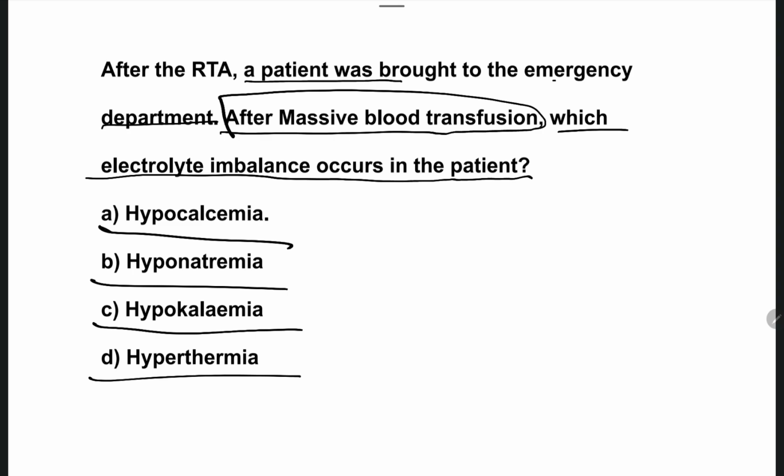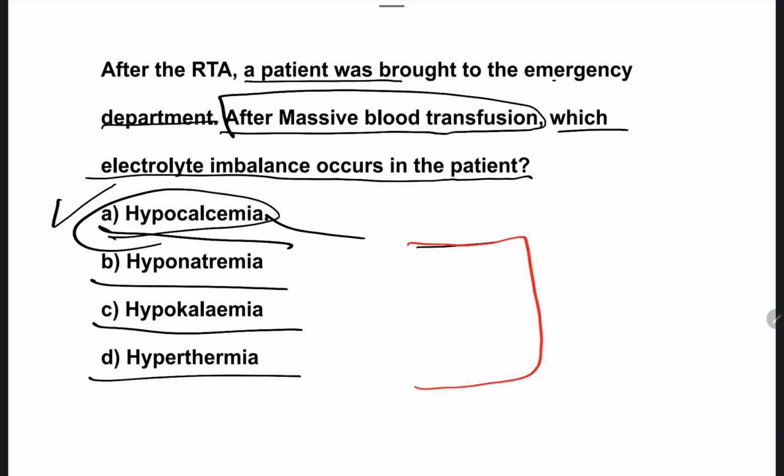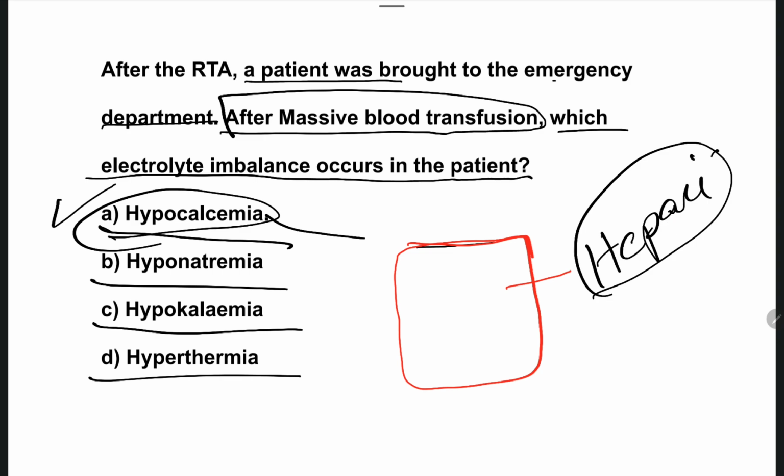The right one is option A, hypocalcemia. Why? Because in the blood bag we can see the anticoagulant. Due to the presence of the anticoagulant, which binds calcium, hypocalcemia can occur in the patient.